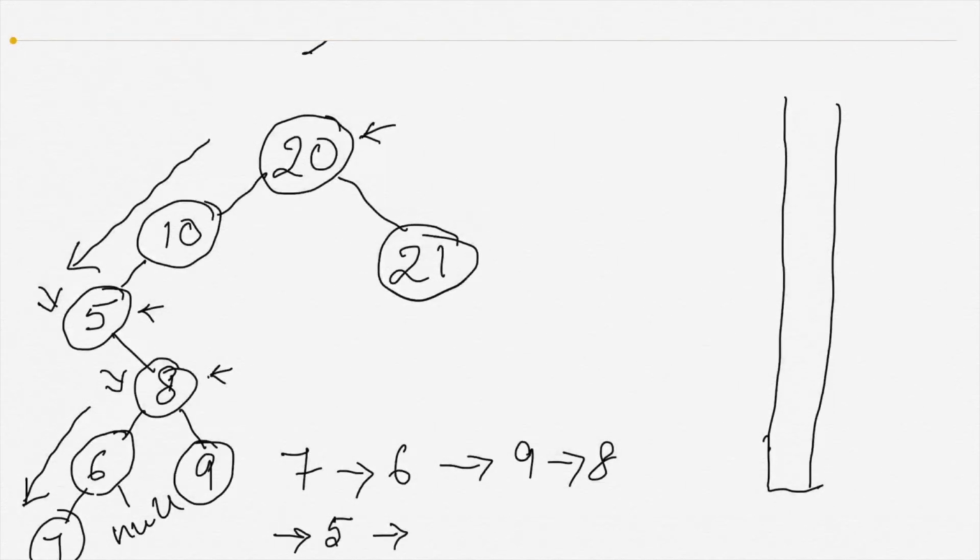Now we are back to its parent, which is node 10. Its left subtree by now has already been processed. We just processed the left subtree. So when we come back here, we don't think about the left subtree at all. We check for the right subtree. We see that the right subtree is null, so we just visit and process it. We are back to its parent, which is 20.